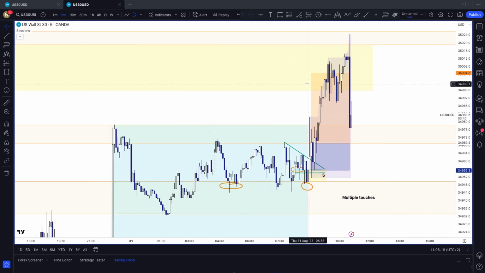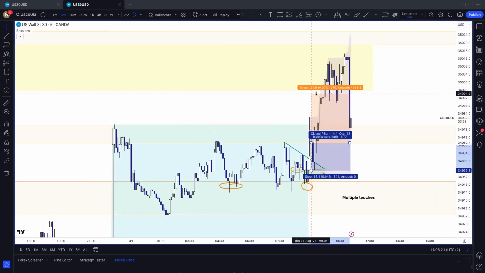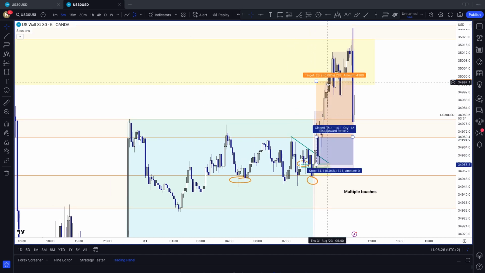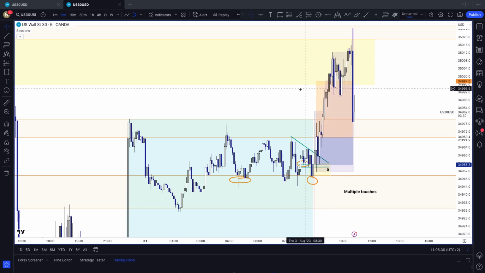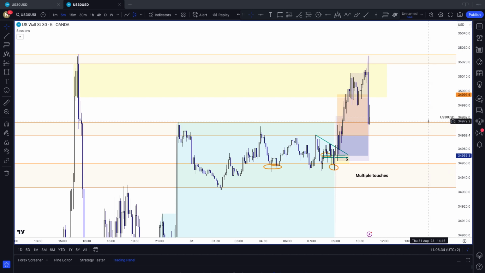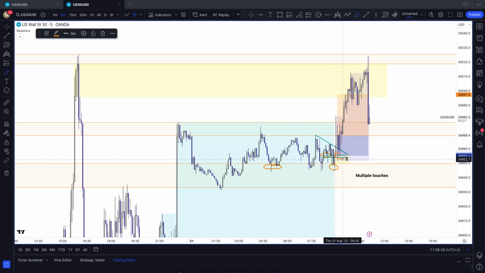So I was almost shooting for a 2-to-1 trade. Price came a bit back, went back up, so almost a 2-to-1 I took on this one. So I had a 1-to-1 loser on German 30, and then a 2-to-1 winner.